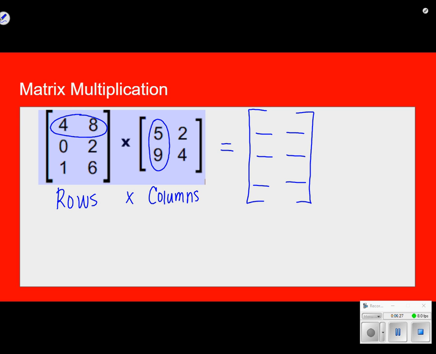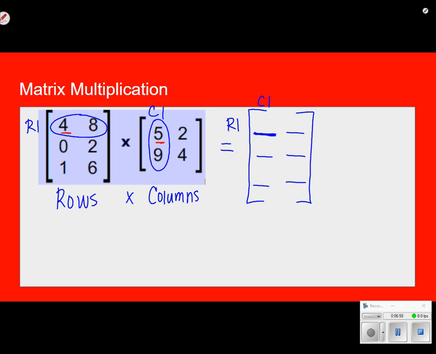But what we have here is row 1, column 1. The answer is going to go here in row 1, column 1 when I'm done. Okay? So I'm going to figure out a single number to put in this location. It's going to involve a little bit of multiplying and a little bit of adding. I'm going to take the first things and multiply them.